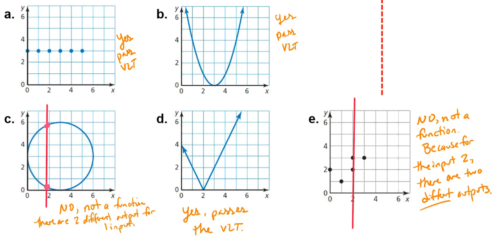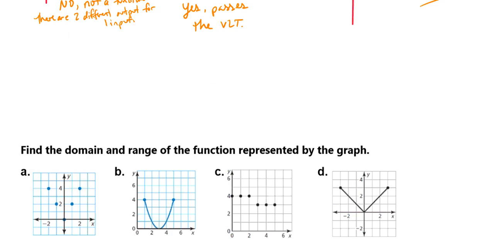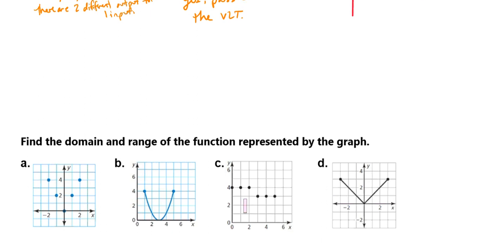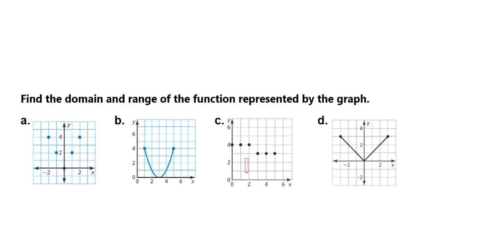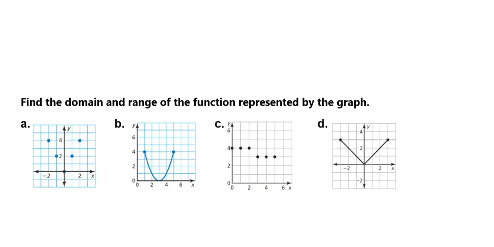Now let's do an example where we find the domain and the range. So here we're being asked to find the domain and the range of the functions represented by the following graphs. If we take a look at graph A, in order to find our domain, remember that's the thing that all the x's could be, right?